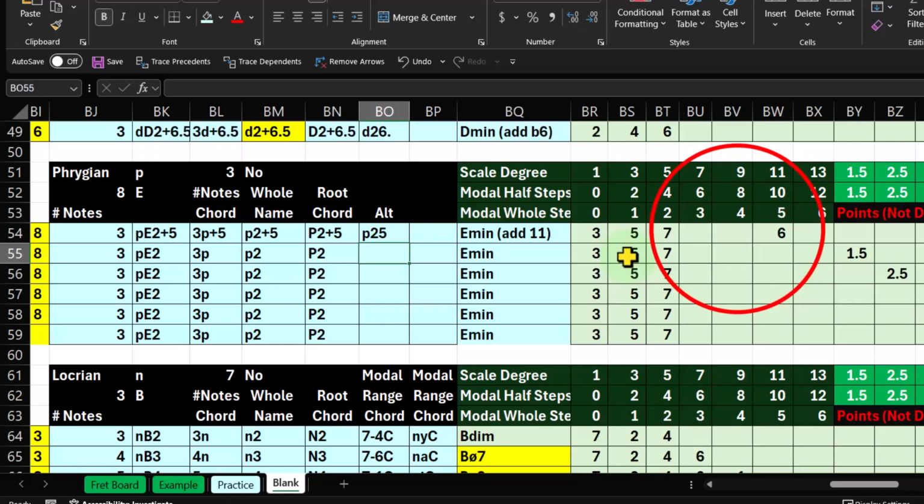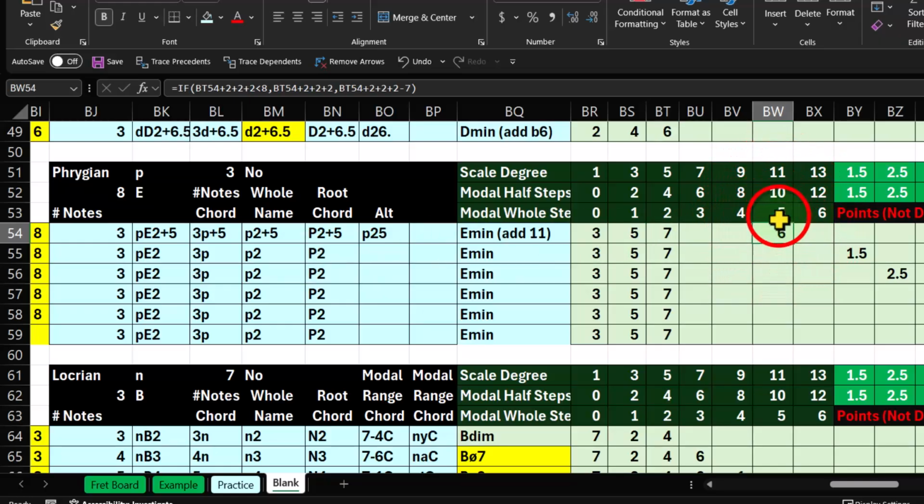Now remember, if I was going to add this one right here, which would be 4 modal whole steps up, I would have called that a P4 minus the 3, which would be 3 modal whole steps up. That's my normal convention. But because we dropped 2 notes in the gap, it would be more efficient to go short and say it's going to be the Phrygian 2 modal whole step, and then add the one that would be the 5th modal whole step.